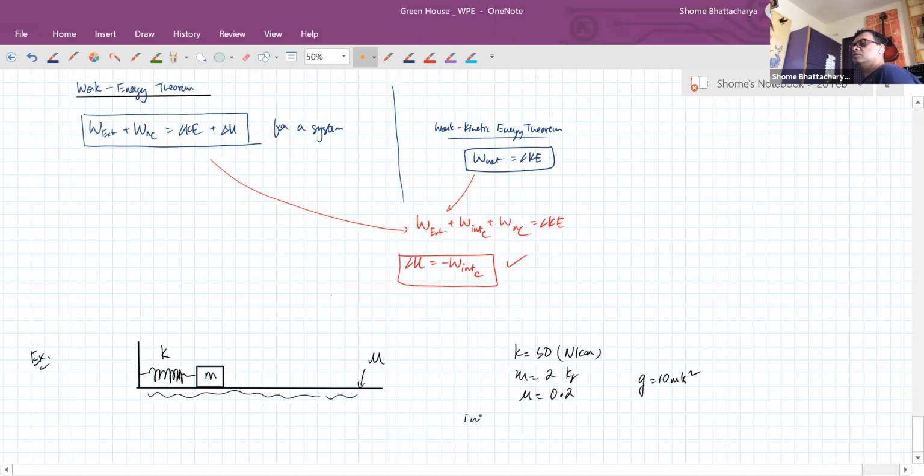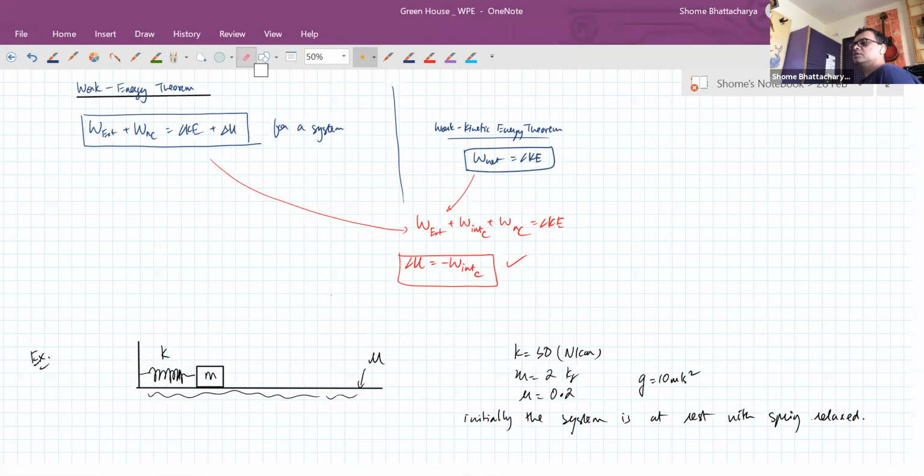Now, initially, the system is at rest with the spring relaxed. See, the block is at rest, not necessarily the system. The block is at rest with the spring relaxed.